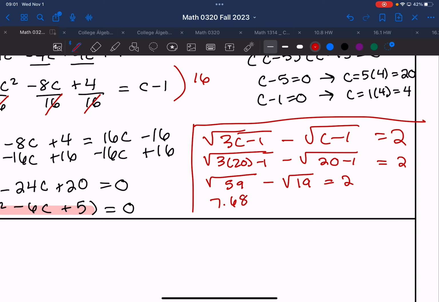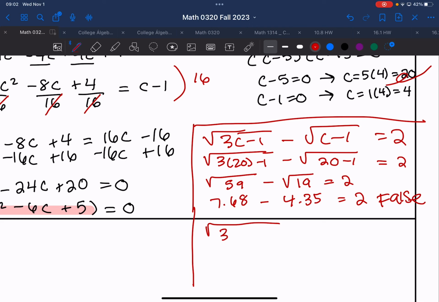And then the square root of 19, 4.35. If we subtract those, are we going to get 2? No. So this is false. So this one's not a solution.